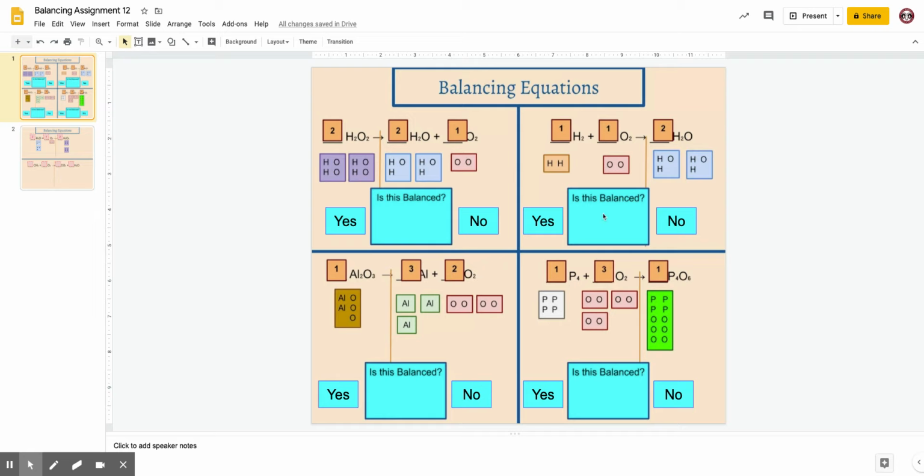So what we're going to be doing is this top box right here. What we have is our chemical equation. Now, a little background on how this works: if you see this arrow right here, this arrow tells you something. When it's pointing towards something, that means those are the products.